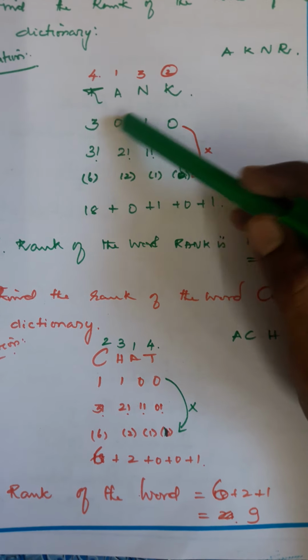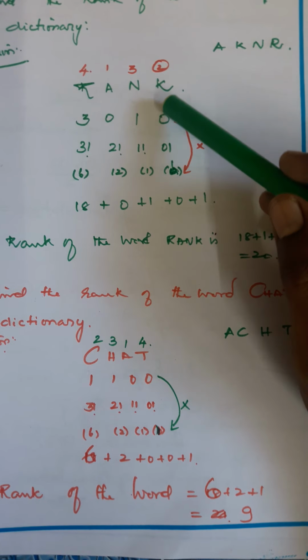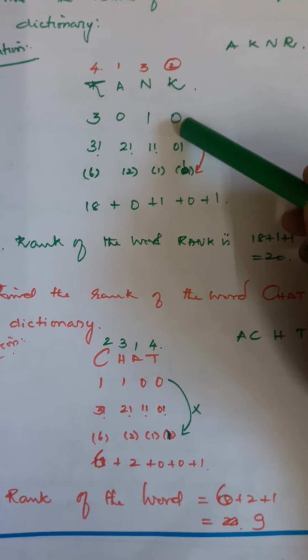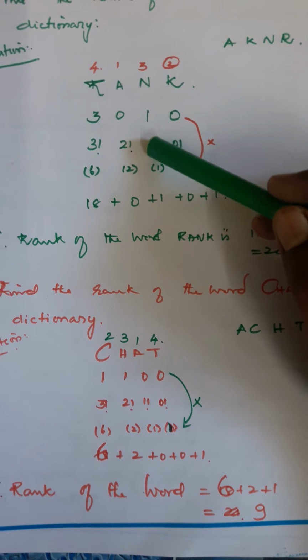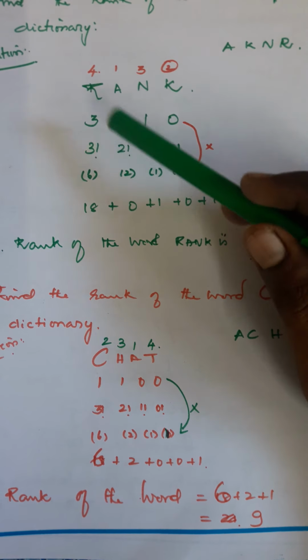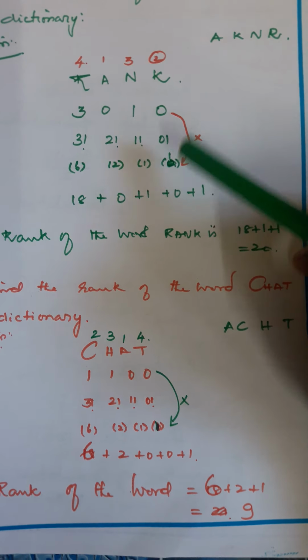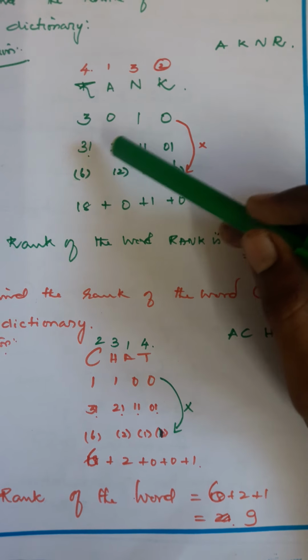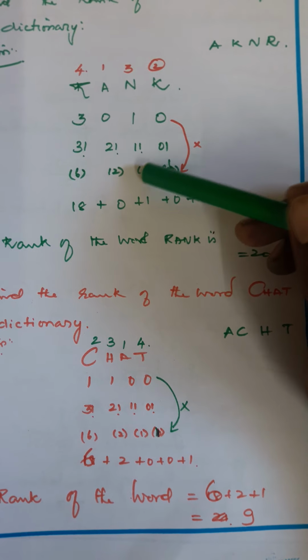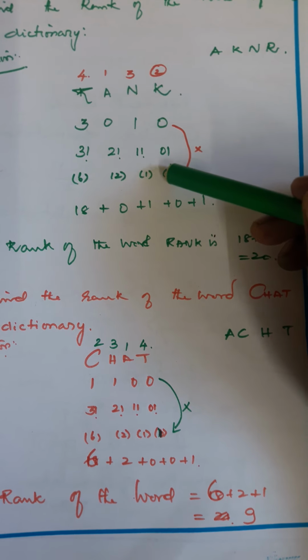Now you have to write the respective factorials. Always start with 0 factorial, 1 factorial, 2 factorial, 3 factorial. The values are 6, 2, 1, 1: 3 factorial is 6, 2 factorial is 2, 1 factorial is 1, and 0 factorial is also 1.